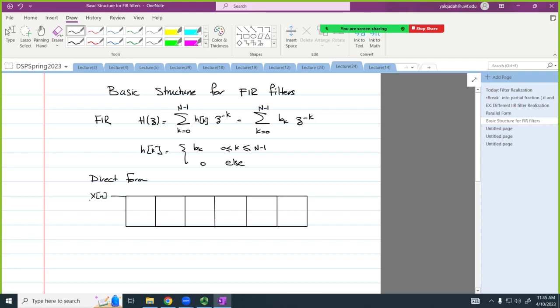We're going to have x of n, a delay z to the negative 1, h of 0, then h of 1, and a chain of delays, and this will be y of n, ending with h of N minus 1.